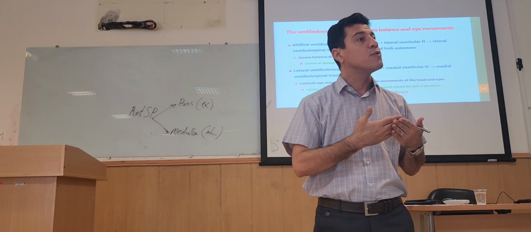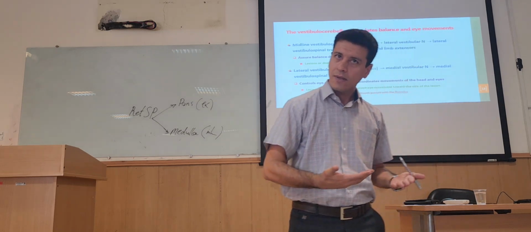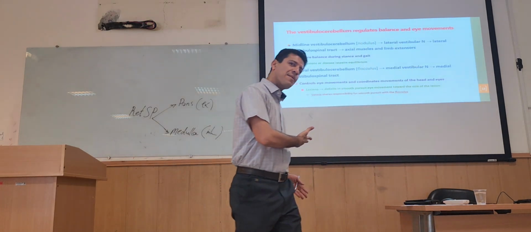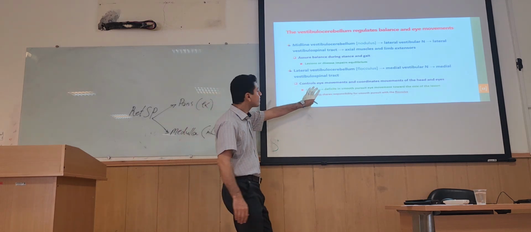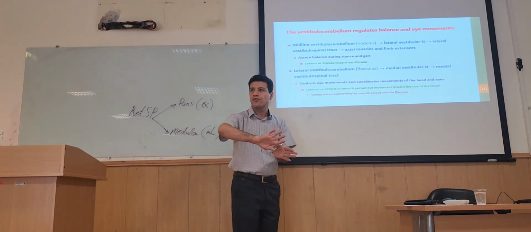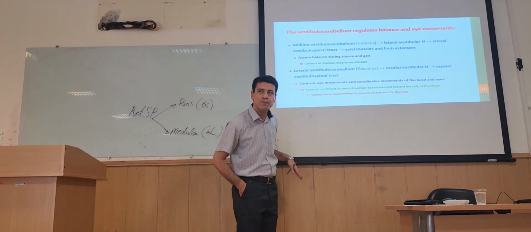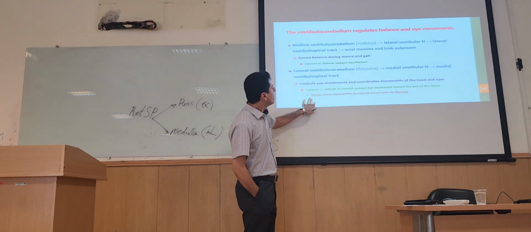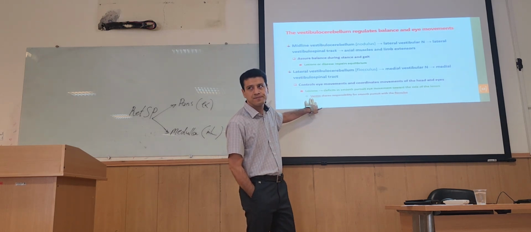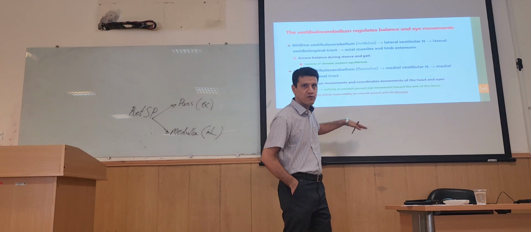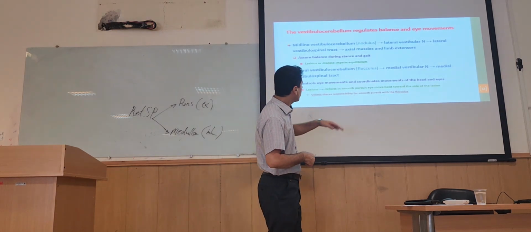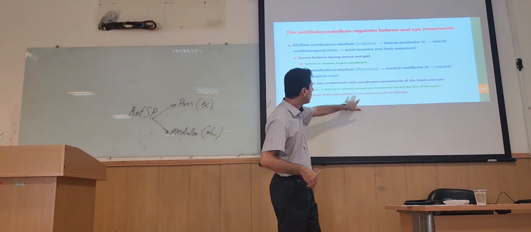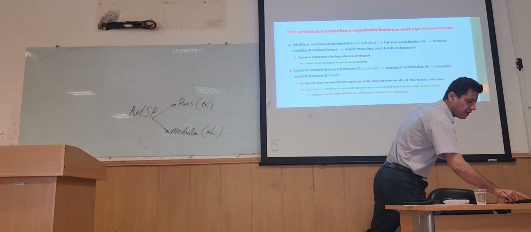So this is called smooth pursuit eye movement. Okay? Any damage in this part actually interrupts smooth pursuit eye movements. The cerebellum also is important for smooth pursuit eye movement. So the cerebellum shares some responsibility for smooth pursuit eye movements with the pontine nuclei.